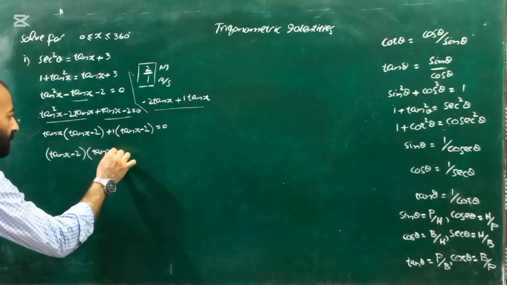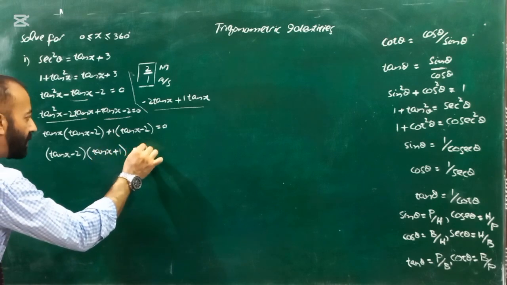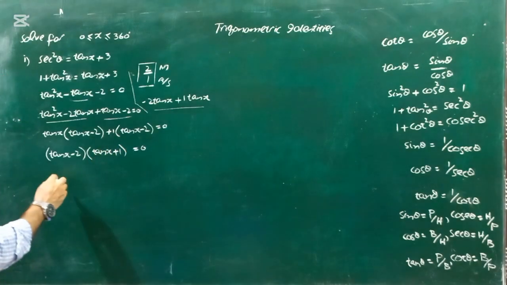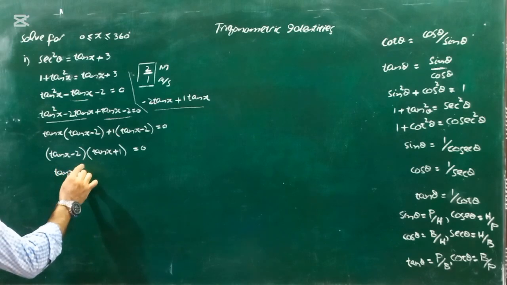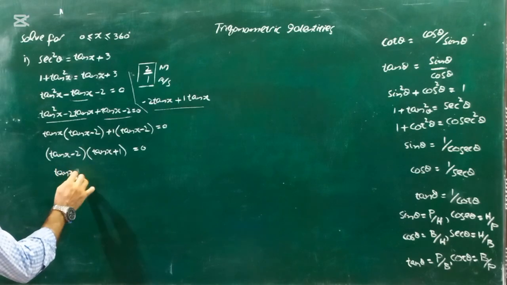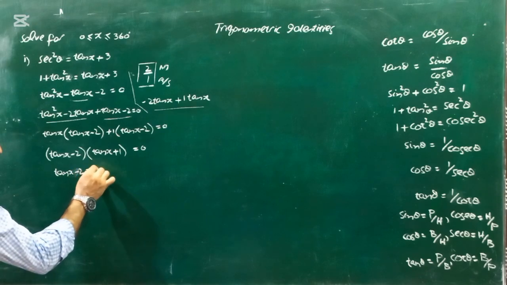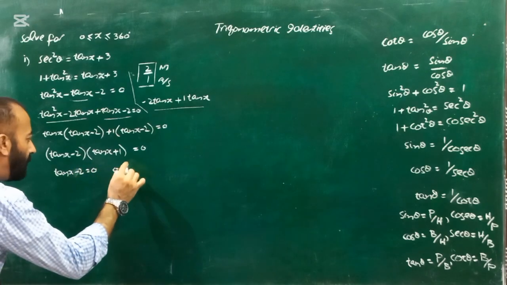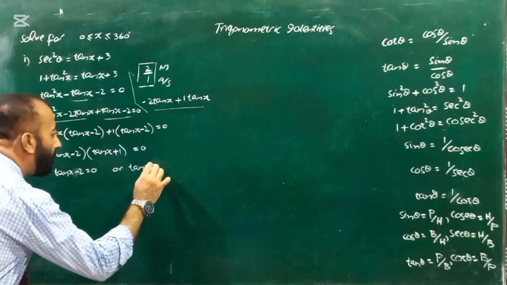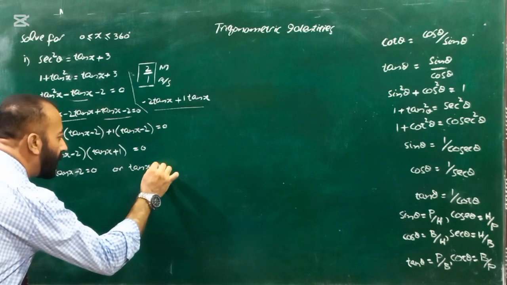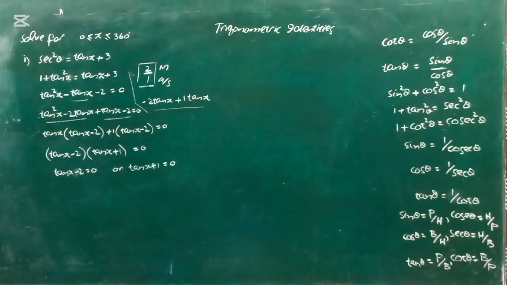So tan x plus 1 equal to 0 is still there. From here tan x minus 2 will be equal to 0, or tan x plus 1 will be equal to 0.